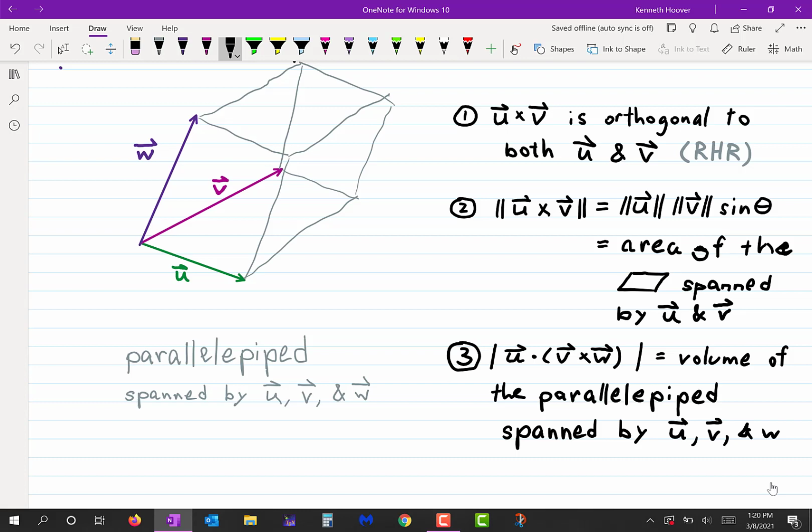So you're going to get questions on Newton that ask you how to find different things like areas of parallelograms or areas of triangles or volumes of parallelepipeds, okay? And this is how you find them.